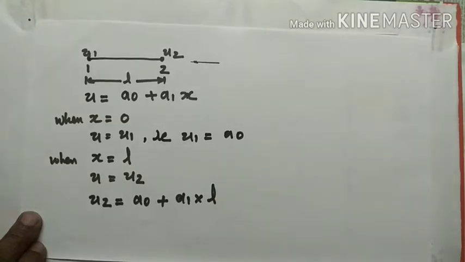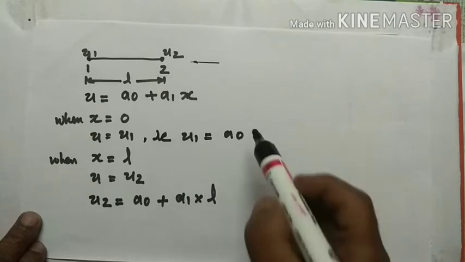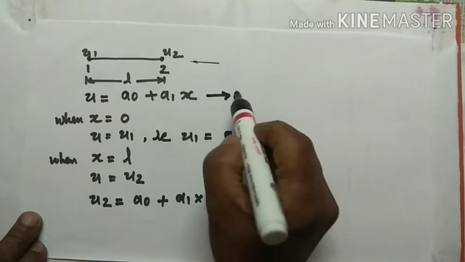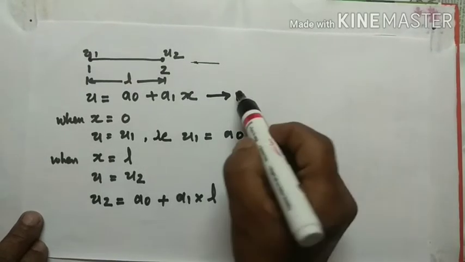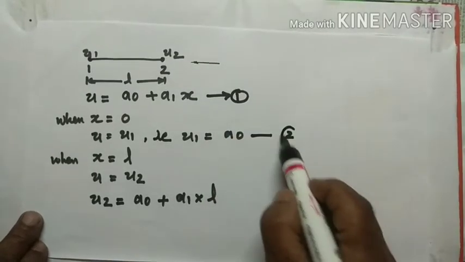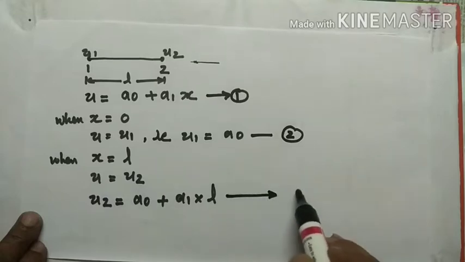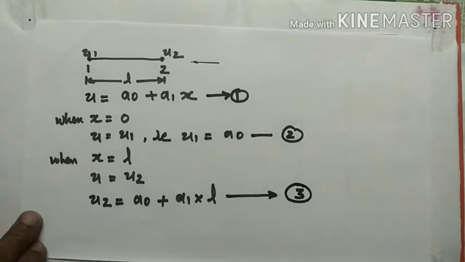So u1 is equal to a0, u2 is equal to a0 plus a1 into L. So this is equation number 1, this is equation number 2, and this I am putting as equation number 3.